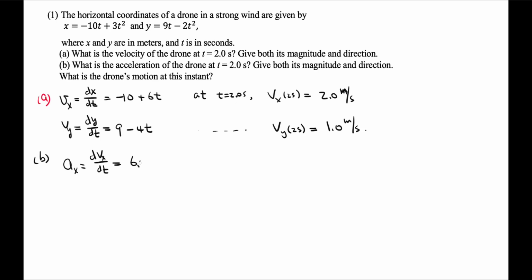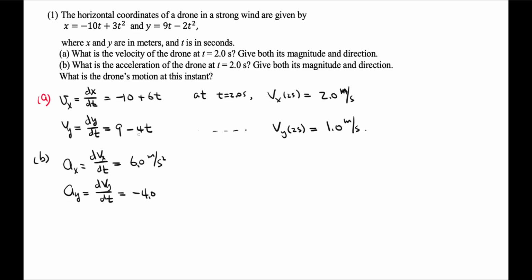So we have 6 meters per square second. Remember, everything is in SI units, so we just need to write down the SI unit for the acceleration.